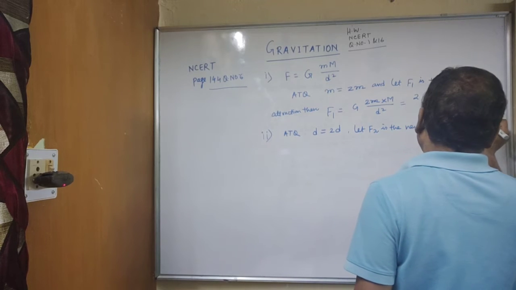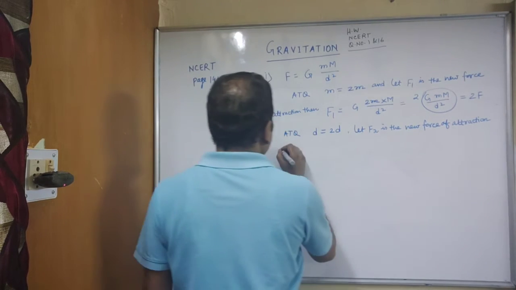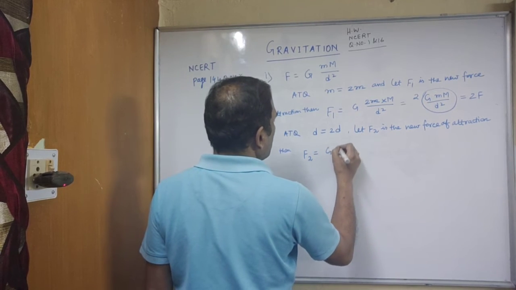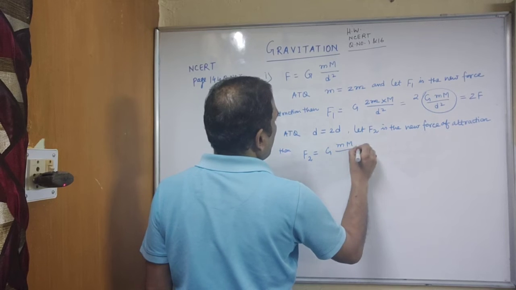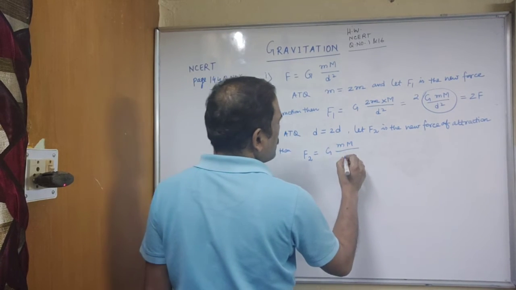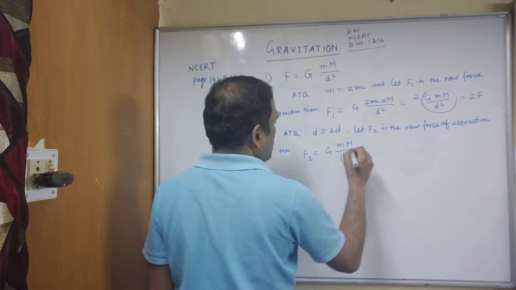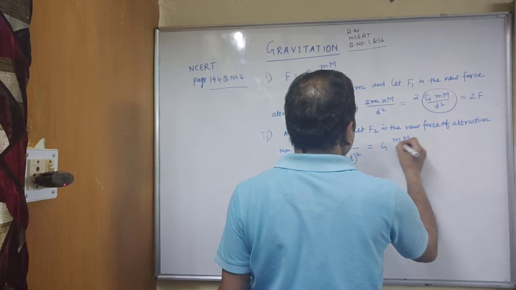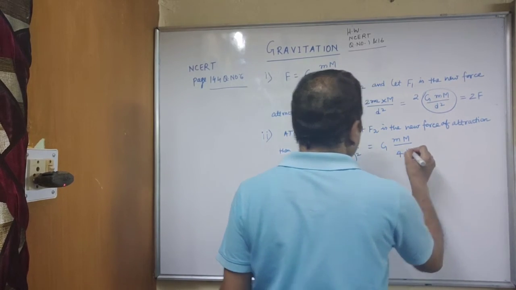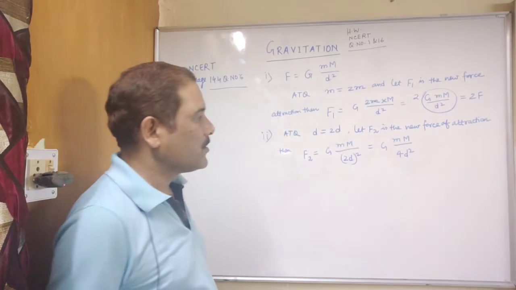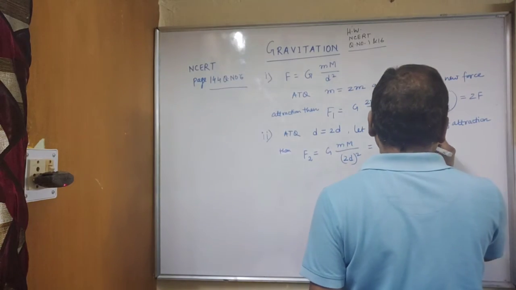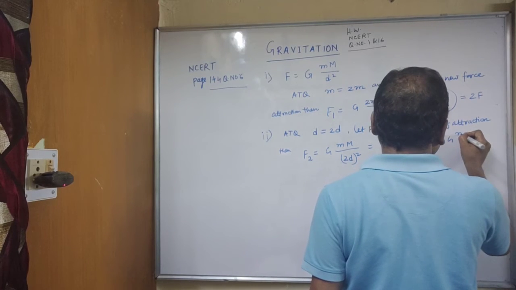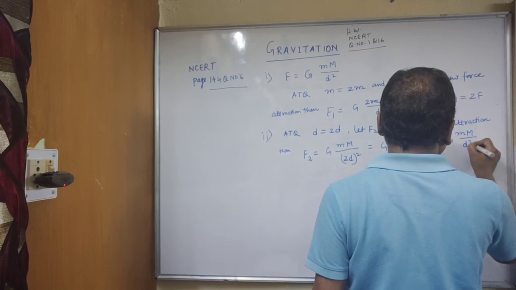If the distance is doubled, we can write F2 is equal to G M m, and in place of d we will write 2d. So 2d whole square. So this can be written as G M m by 4d square, isn't it? So we can write it as 1 by 4 into G M m by d square.